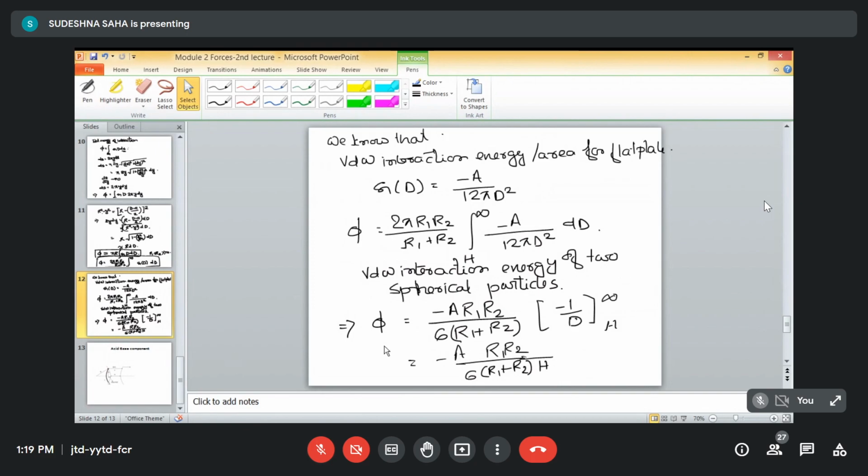Because if you look at the equation of the effective Hamaker constant, it basically consists of rho 1 rho 2, then the Avogadro's number, then mu 1 mu 2, all those things. So that means the density of the particles as well as a whole lot of other things directly affect the Hamaker constant, which will eventually affect the interaction energy.